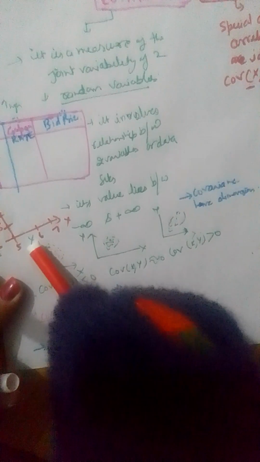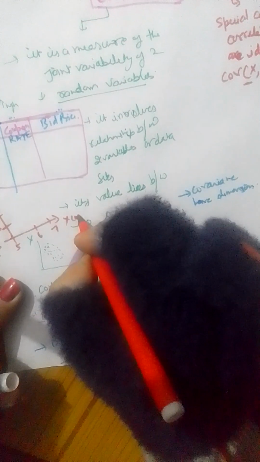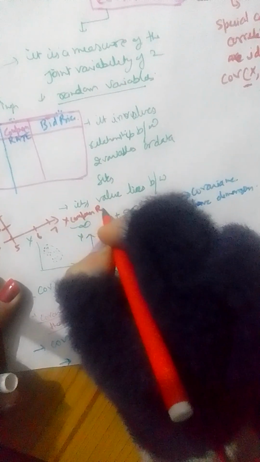I'm elaborating these values. Fine. If x is the coupon rate, let's take coupon rate here, and y is the bid price. So coupon rate 5, 6, 7 and bid price 8, 8.5, 9.